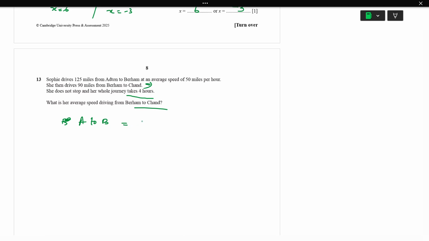Speed equal to distance over time. So here 125 over 50, which is 2.5 hours. Total journey is 4 hours. So the rest is 4 minus 2.5, which is equal to 1.5 hours duration for the next part.